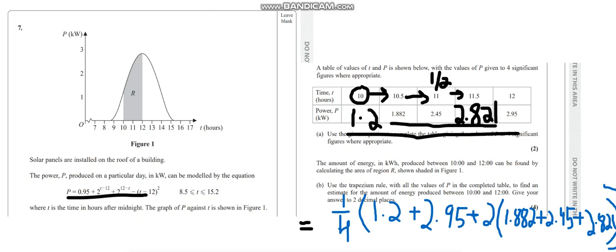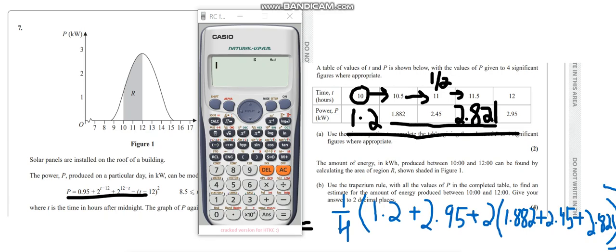What I'll do is bring my calculator up and start plugging in the values. That's 1 upon 4, or the quarter, into 1.2 plus 2.95.